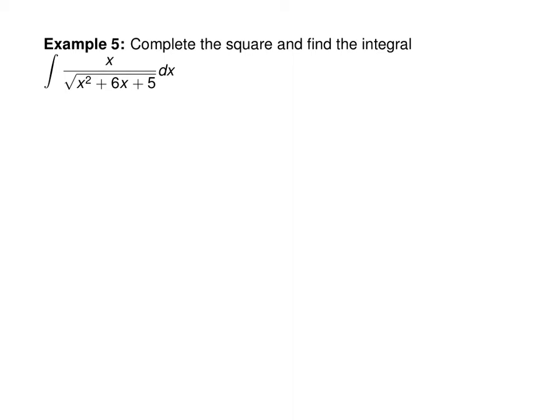This technique can also be combined with completing the square to evaluate certain kinds of integrals. So first, let's complete the square of x squared plus 6x plus 5. We have to think, what number do we add here to create something to the second power? And the pattern is you look at half of this number squared.